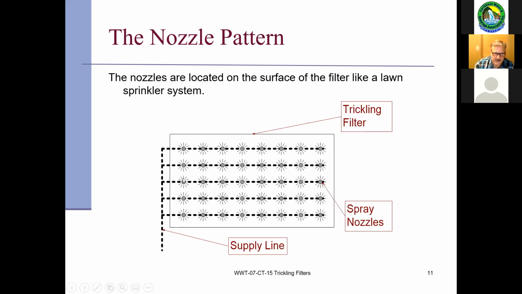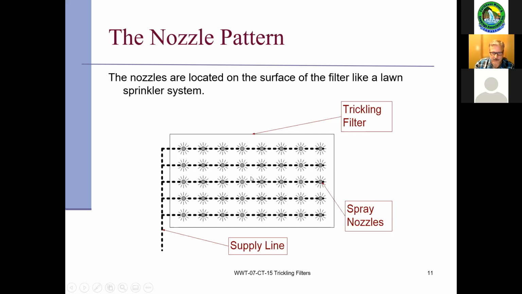Some of the problems with a fixed nozzle system: if you had one or two of these nozzles that were plugged, number one, they're hard to get at, hard to work on. But now you have a very large zone potentially in this tank that's not getting any wastewater feed. And they're all biological tanks, so it's exactly the same as an activated sludge facility or an SBR or any other type of facility.